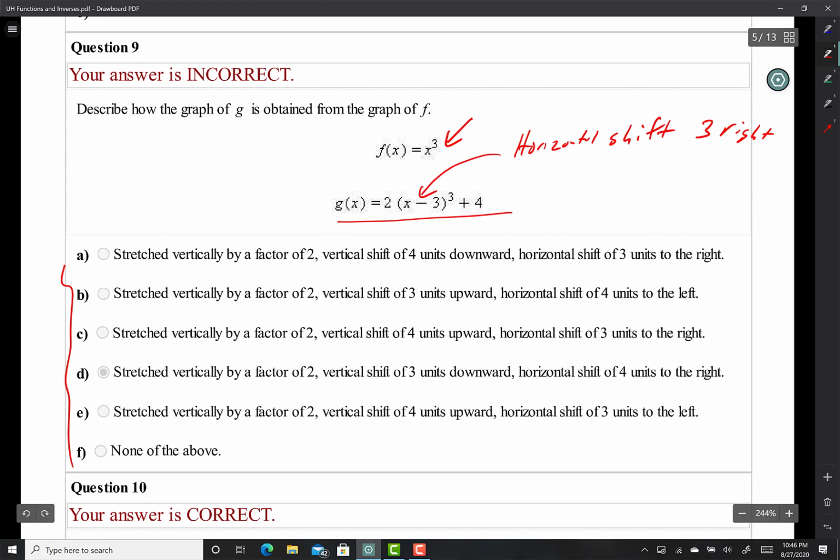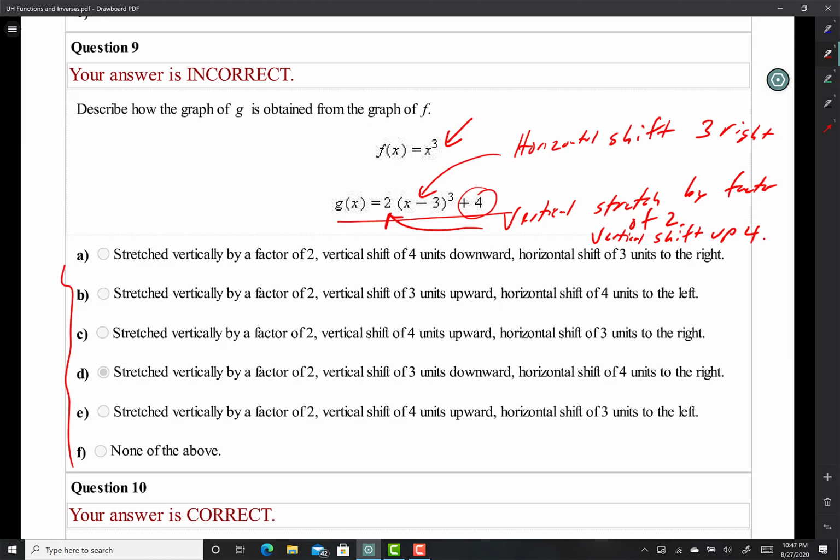And then the next step is a vertical stretch by a factor of 2. So vertical stretch by a factor of 2. And then a vertical shift up 4. Vertical shift up 4. All right, let's see which one it has.